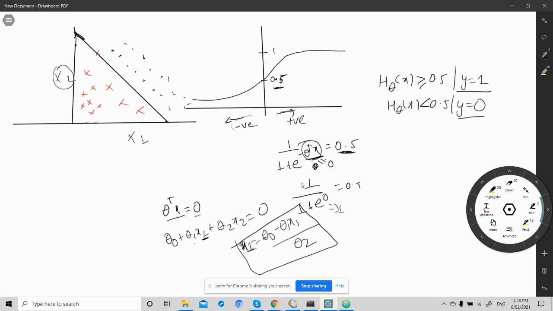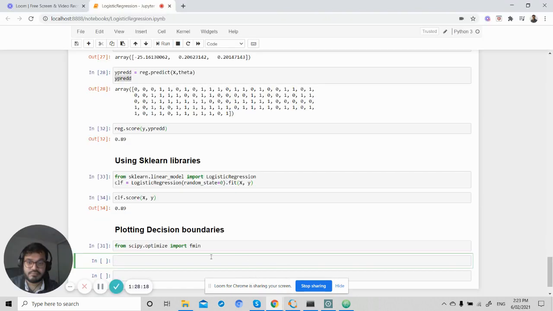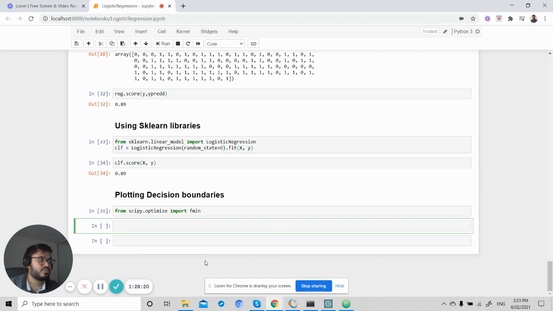So this will be my y plot, and my x plot will be np.array of dt1.min, comma, dt1.max.